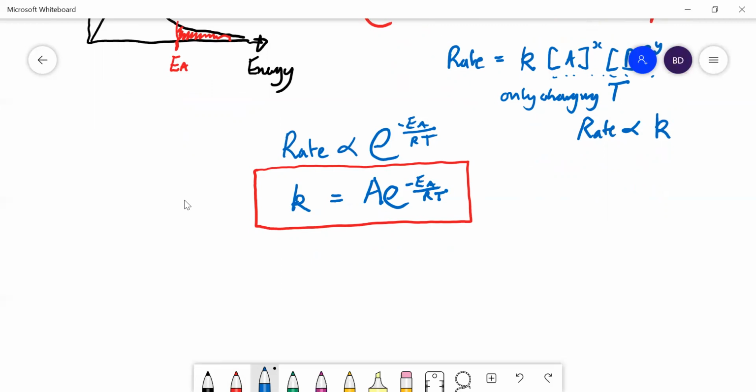But if you take logs of both sides of the equation, you're going to get ln, natural log, which is log to the base of this number e. Okay, ln k is equal to ln A minus, and the e disappears, isn't it? EA over RT. And I'm just going to rewrite that a little bit like this.